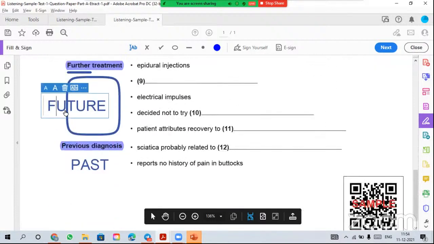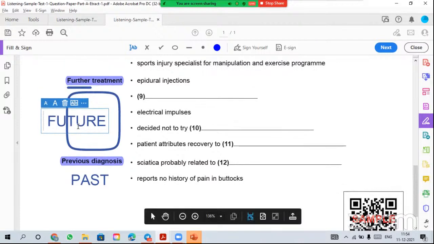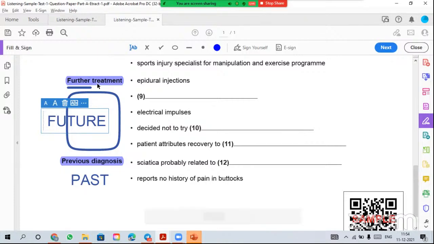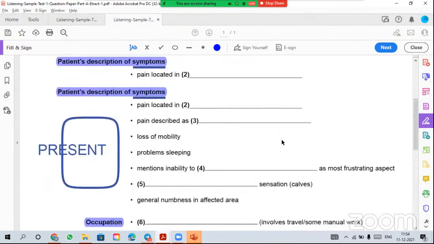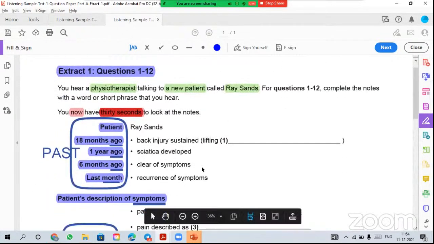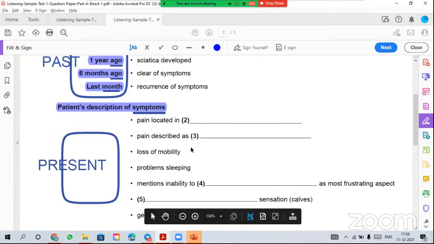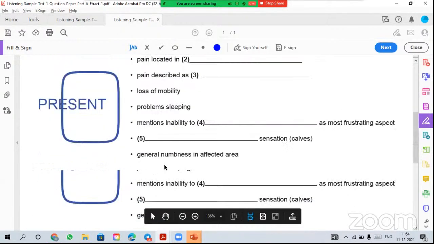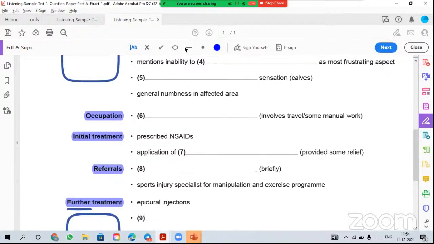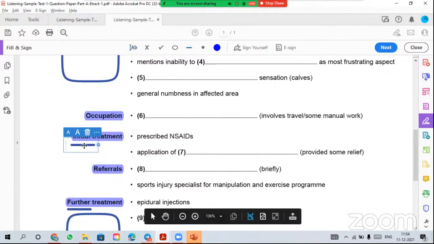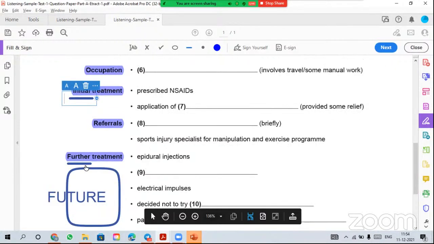Future means later part. So initial, medial, final. Initially means in the beginning. See here, the word is initial. Initial treatment, further treatment. Initial treatment means past treatment. Further treatment means later.